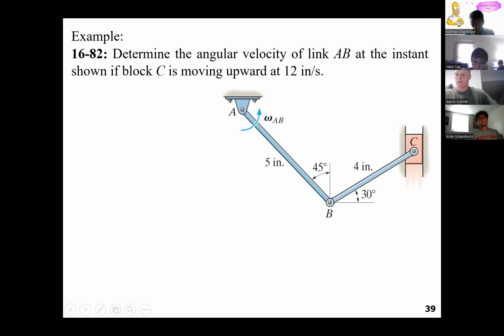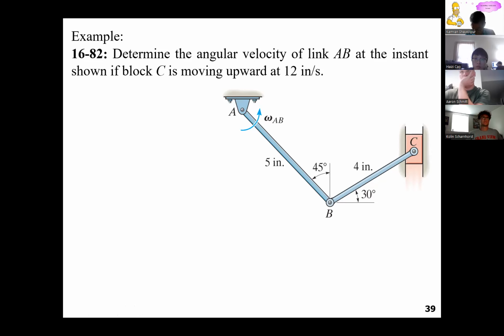Okay. I need the direction of velocity for two points on link BC. One is point C that, as you can see here, goes up.